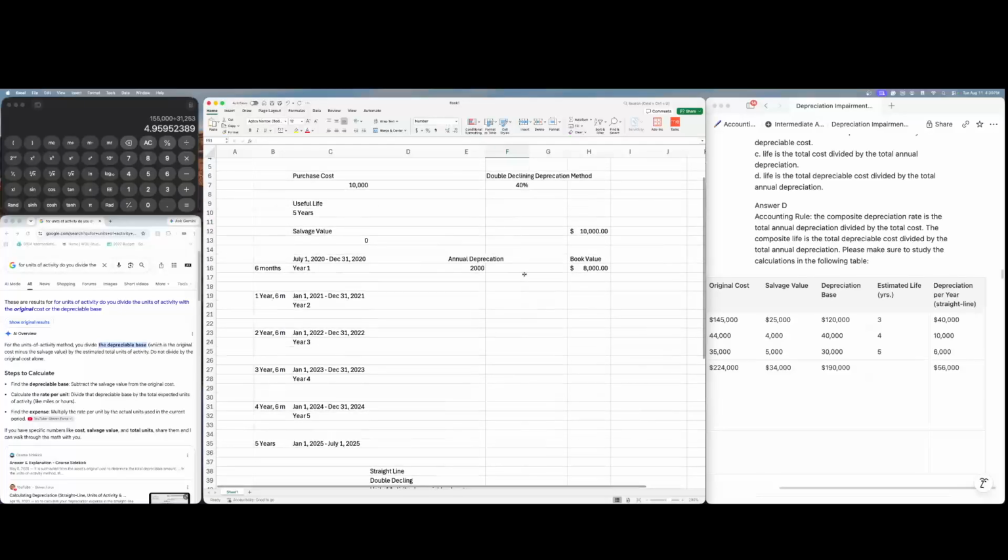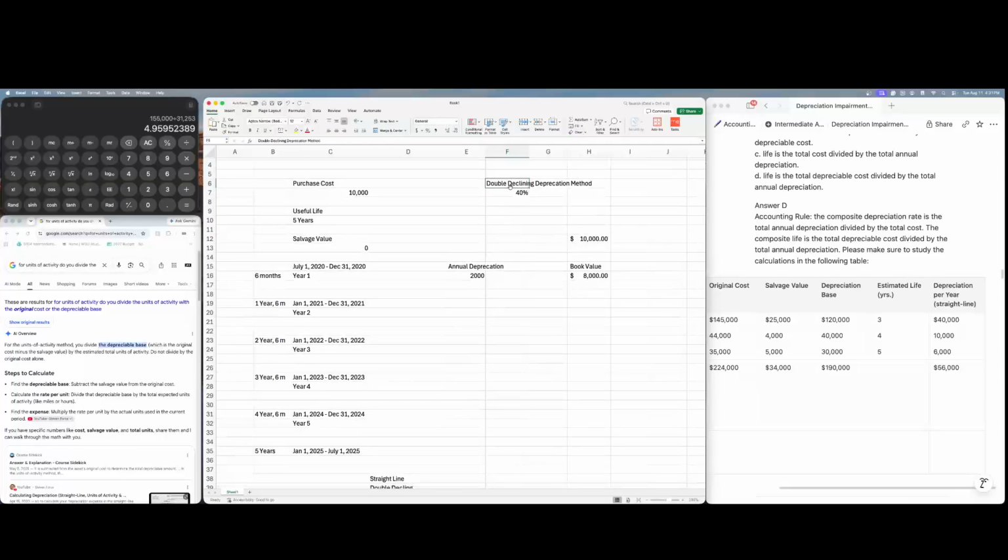So then, for example, only specifically for sum of years, when it comes to partial years, unless they tell you to use different conventions, like the convention of nearest month, or whatever.